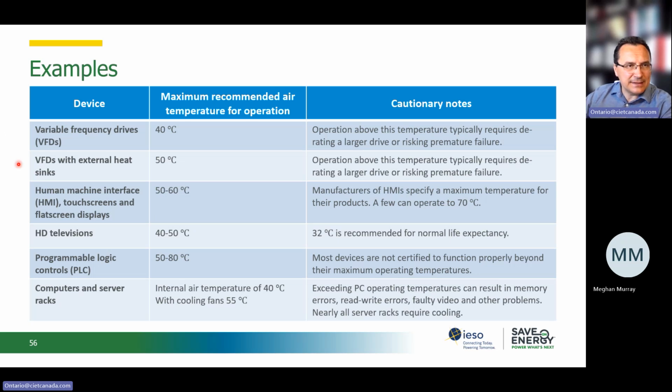If we can reject the heat more efficiently by having external heat sinks, we can increase that temperature to 50 degrees Celsius. Some of the other devices you can see listed on the slide here. In many cases, we see equipment being designed to operate at higher temperatures because we see that as a way to improve efficiency.